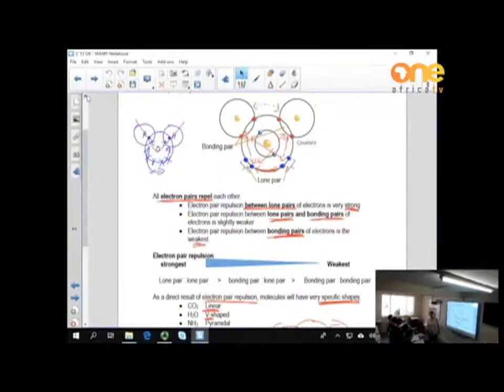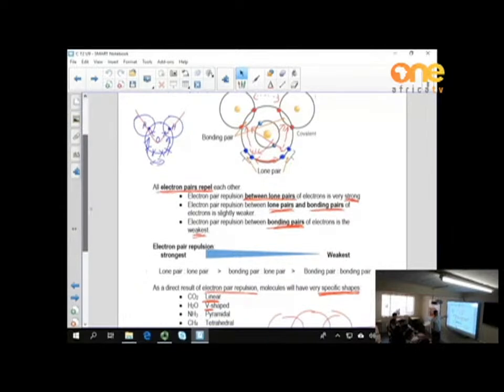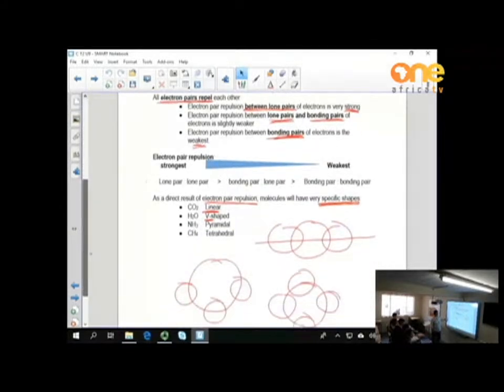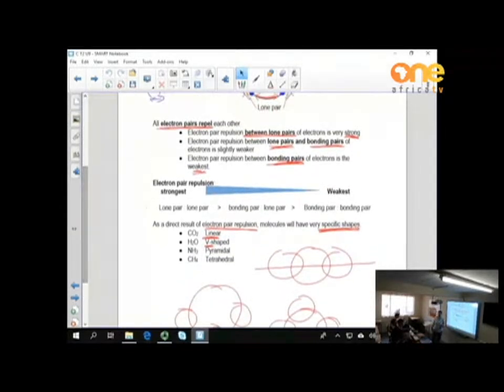In the last session, we had a look at the different shapes that molecules can have. Just to recap, we said that covalent compounds can be divided up into specific shapes depending on how many bonding pairs of electrons and how many lone pairs there are on the center atom.